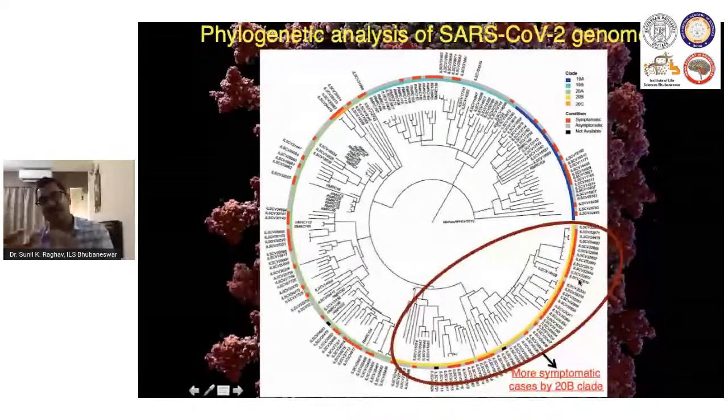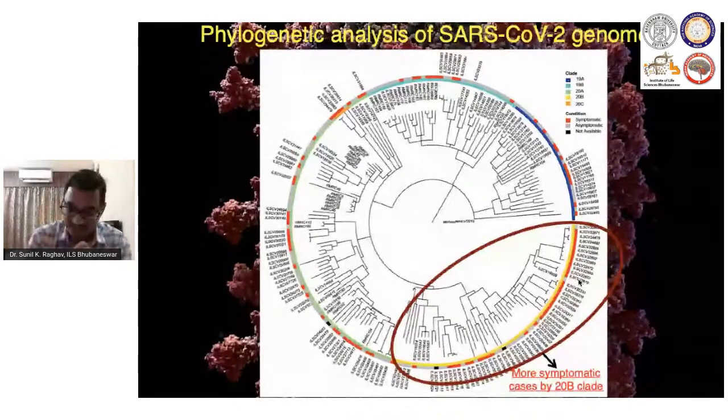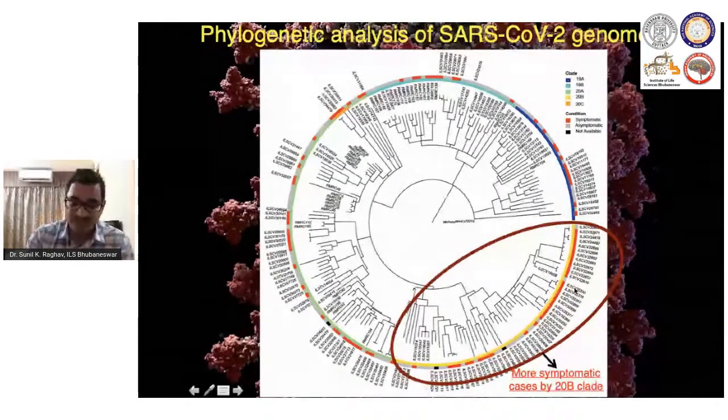If you are infected with the 20B strain, there are high chances that you will get some symptoms. It's not about severe versus mild, because most probably these were mild cases; we don't have that many details, because these samples came for testing. But it is very clear that the 20B clade has more infectivity and more symptomatic cases.